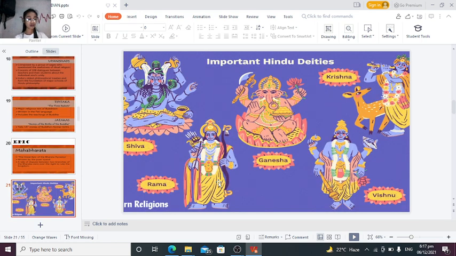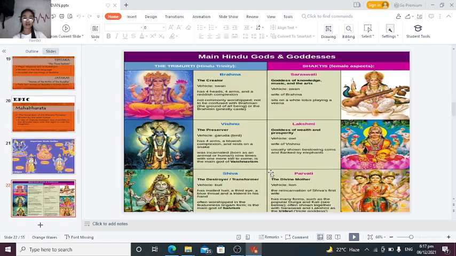So, before na mag-story tayo about the epic Mahabharata, we have here the important Hindu deities. We have here Shiva, Rama, Ganesha, Krishna, and Vishnu. We have also the Hindu Trinity.